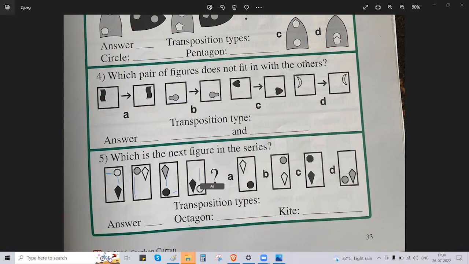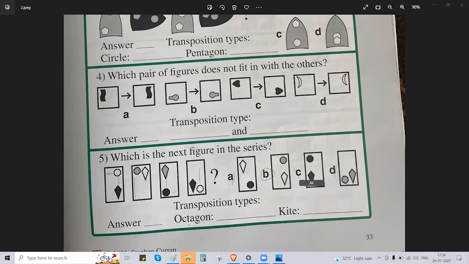So it can't be D because it's the same thing, and it has the same shadings. I don't think it's A. And I think it actually might be B.